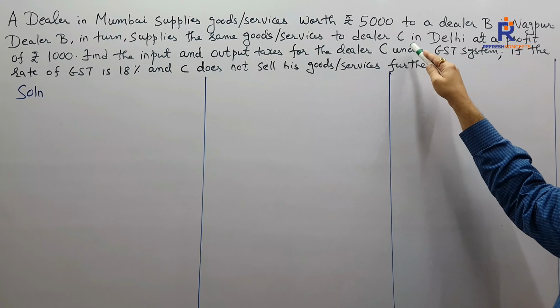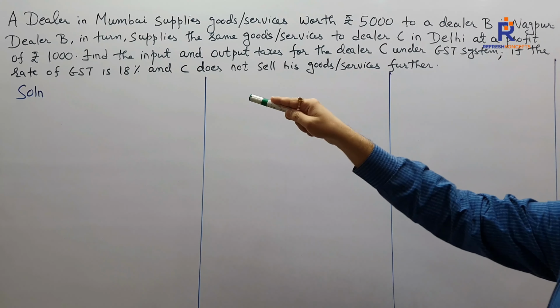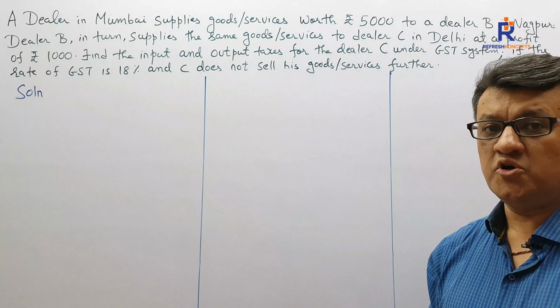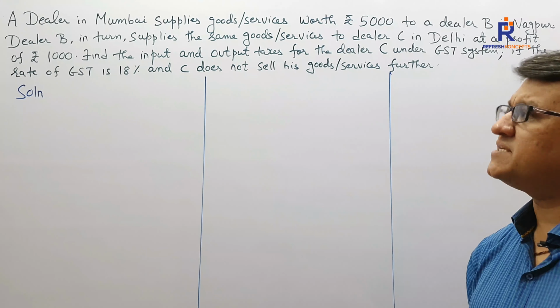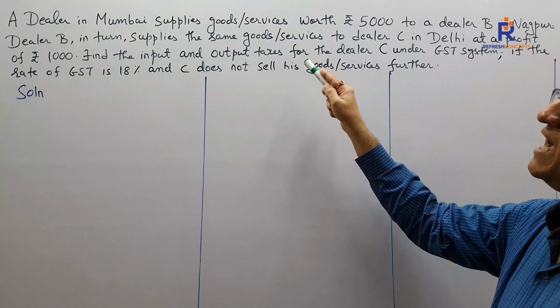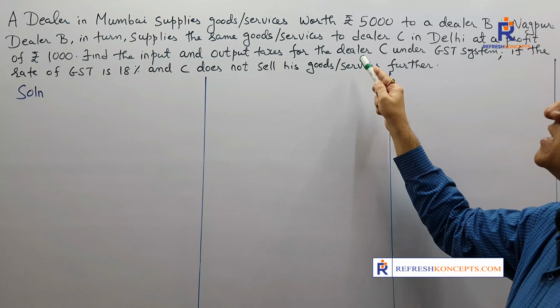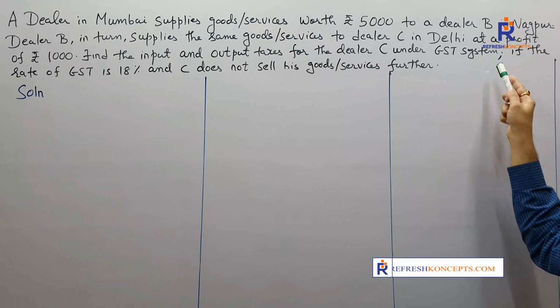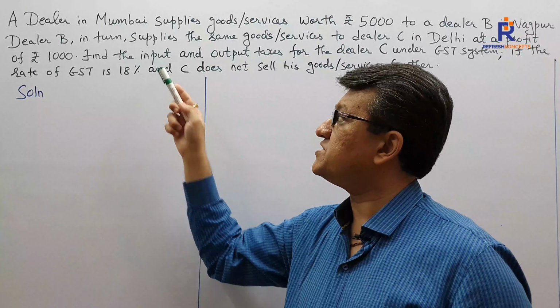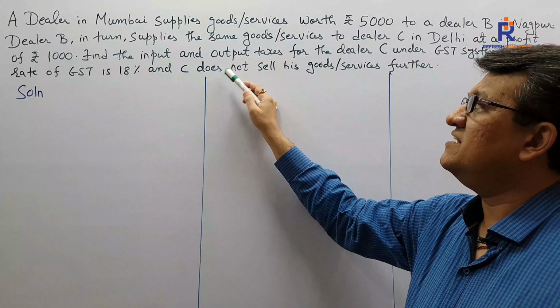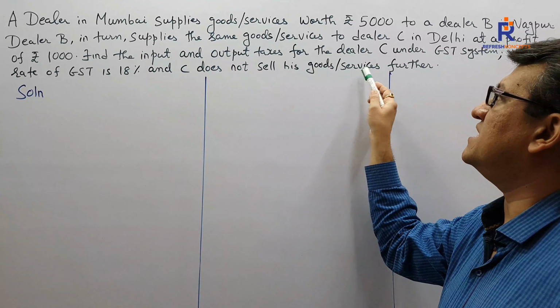Same goods and services to dealer C in Delhi at a profit of rupees 1,000. So dealer B is making a profit of rupees 1,000, right? Find the input and output tax for dealer C under the GST system if the rate of GST is 18% and C does not sell his goods and services.